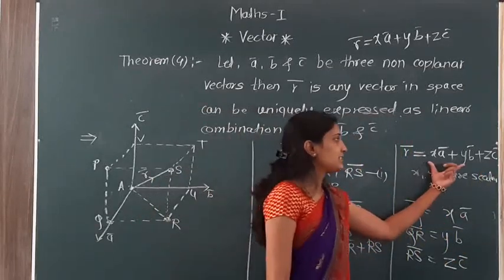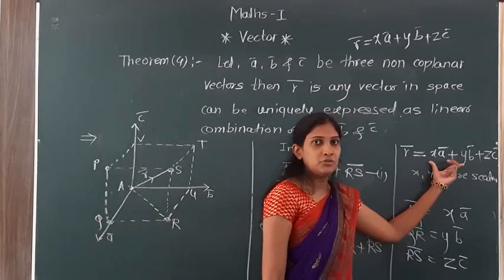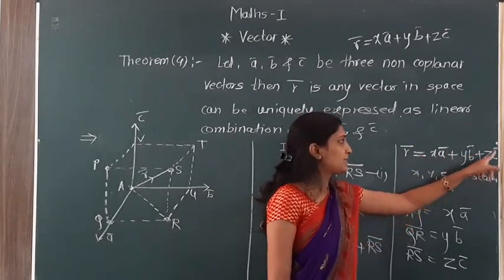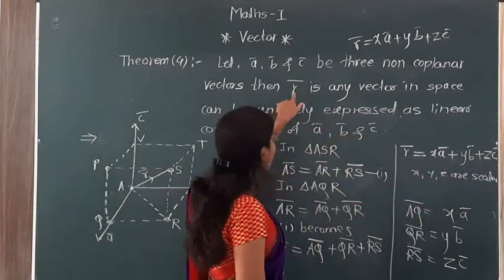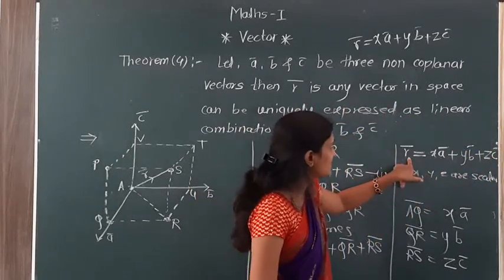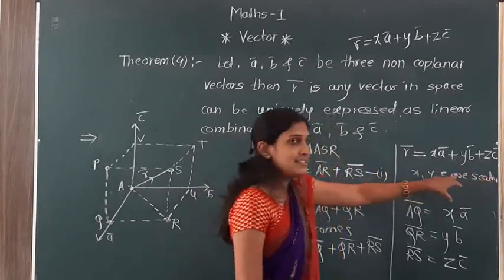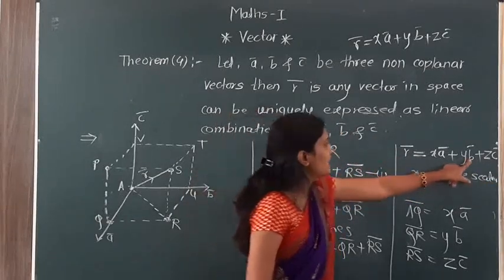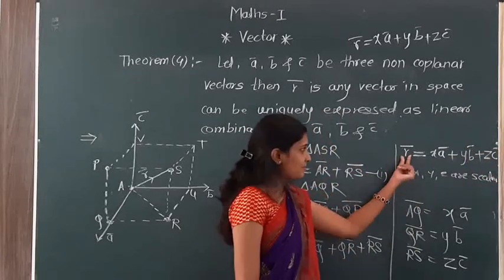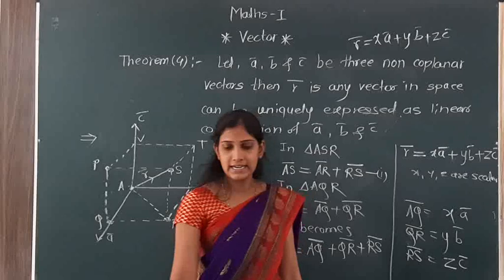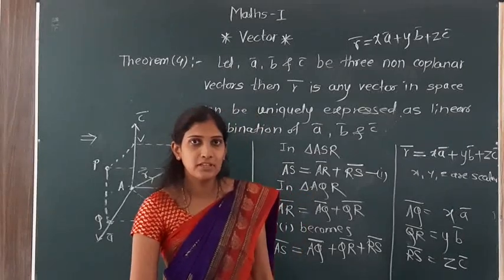So this is our proof. We proved that R bar is equal to x A bar plus y B bar plus z C bar. That is, R bar, any vector in space, can be expressed as a linear combination of A bar, B bar and C bar.